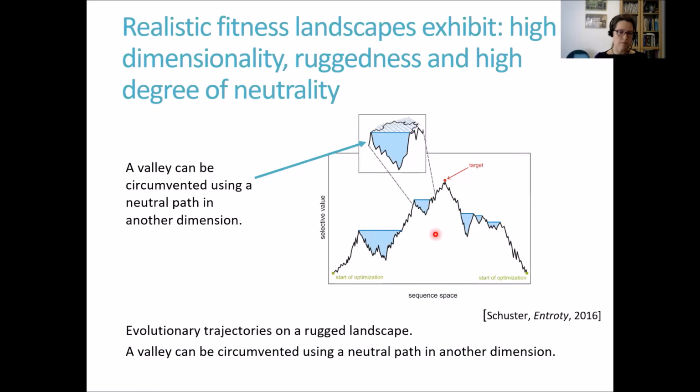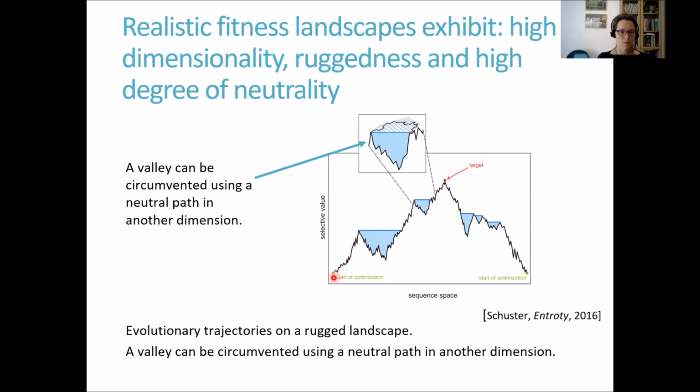But trajectories on fitness landscapes can be quite complex, as we can see from this diagram. That's a paper by Peter Schuster. Suppose the population starts here at the bottom in the green point, and then natural selection directs it to the maximum fitness here, which is the peak, the red point.